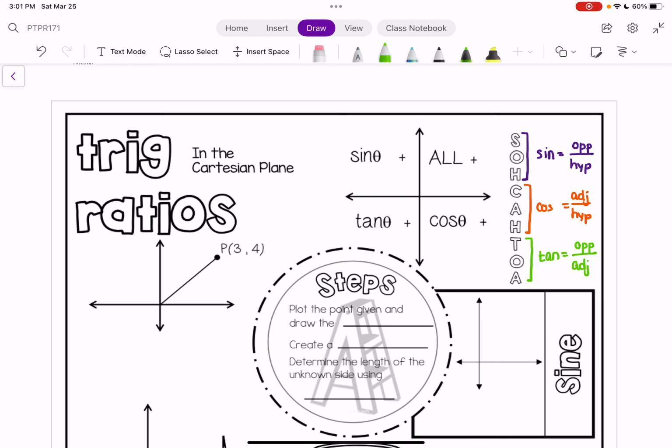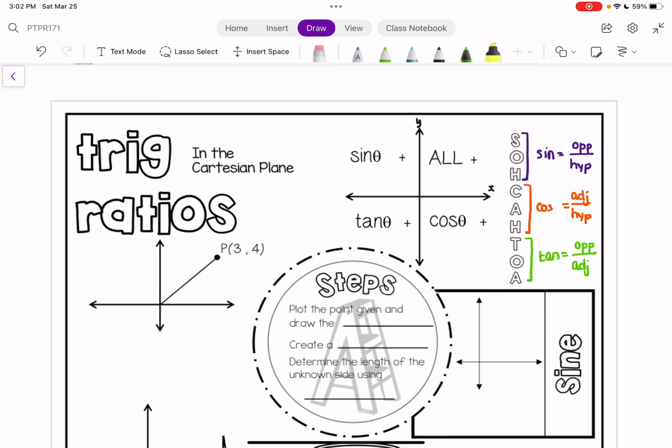So something we're going to use to help us in this section is what I call the CAST diagram. So remember we were talking about the Cartesian plane. In our Cartesian plane, we end up with 4 quadrants, and within those quadrants, we will have different rules regarding which ratio, sine, cosine, or tangent, is going to be positive.